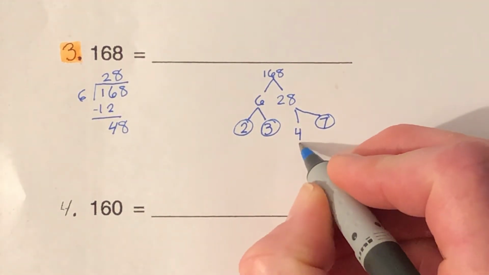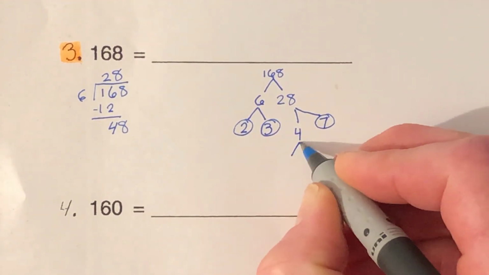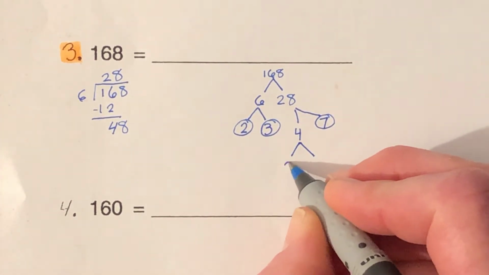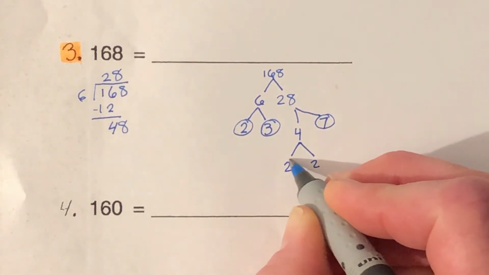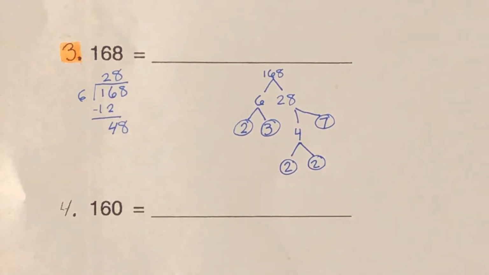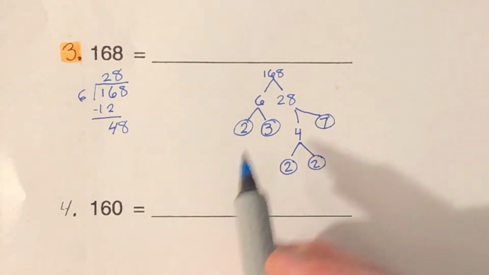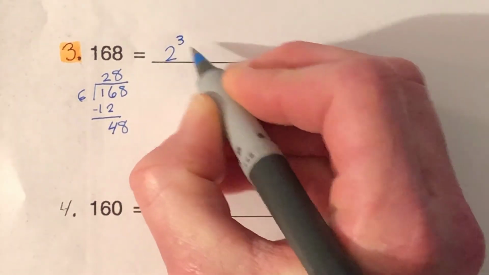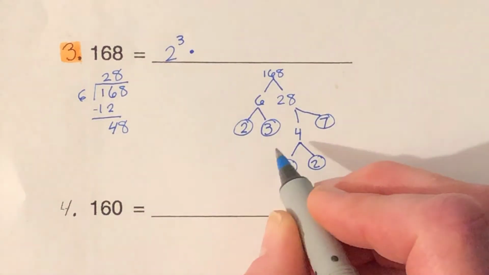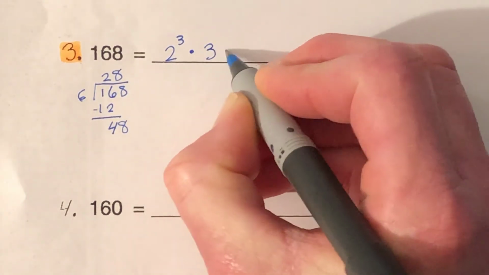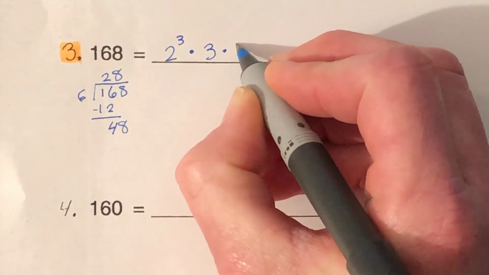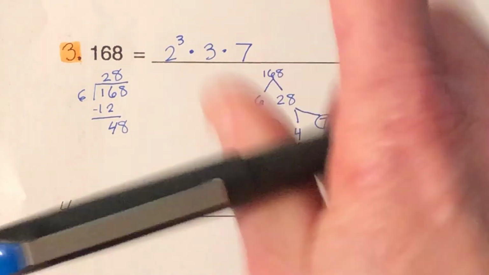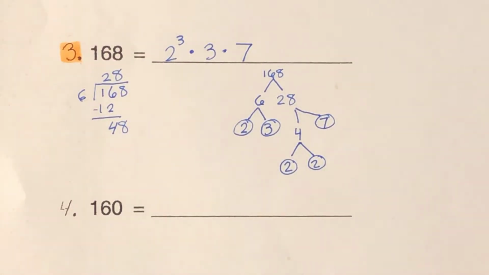So we'll keep factoring out the 4. 2 times 2. And they're both prime. So that gives me 1, 2, 3 2's, so 2 to the 3rd power times 3 times 7. So 2 to the 3rd power times 3 times 7 makes 168.